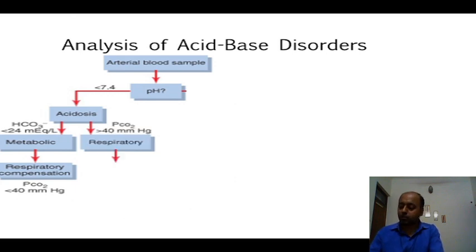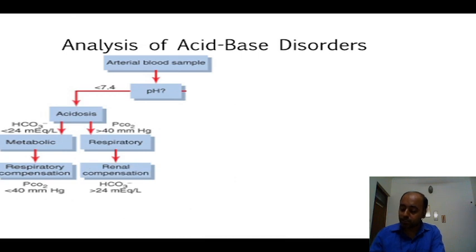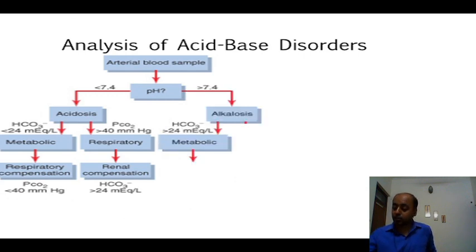If we are talking about respiratory acidosis, the pCO2 value should be more than 40 millimeter of mercury, and if there is metabolic compensation, then the bicarbonate value should go in the opposite direction. Rather than decreasing, it should increase. It should be more than 24 milliequivalent per liter. The same thing can be done for alkalosis.